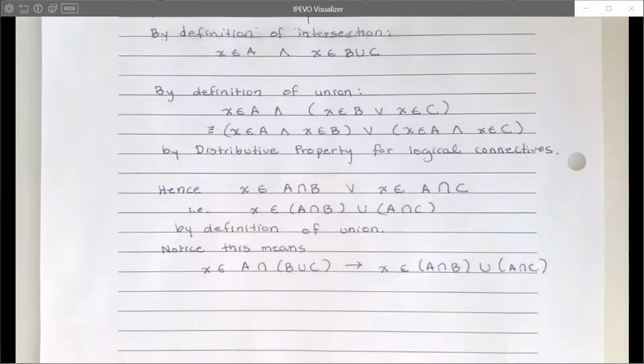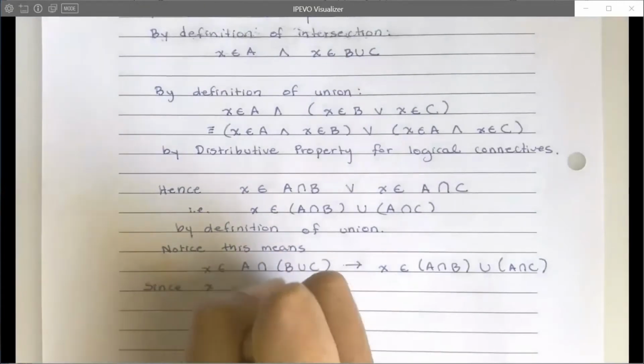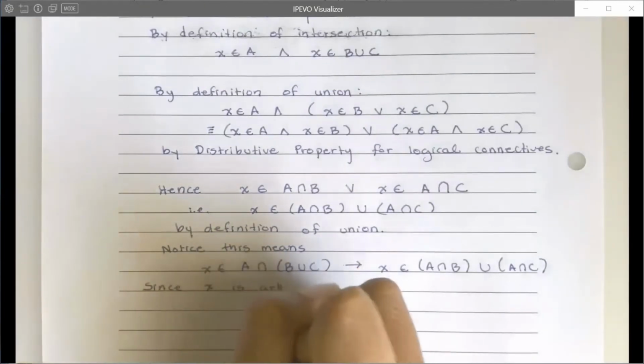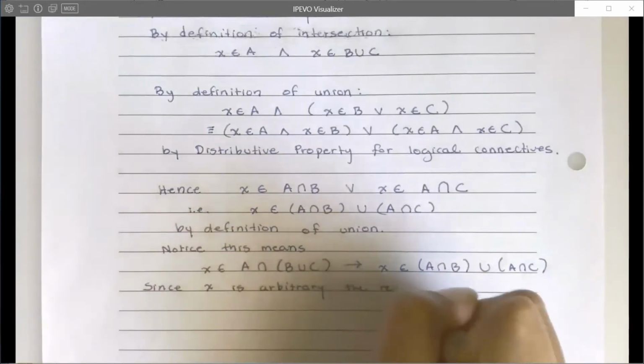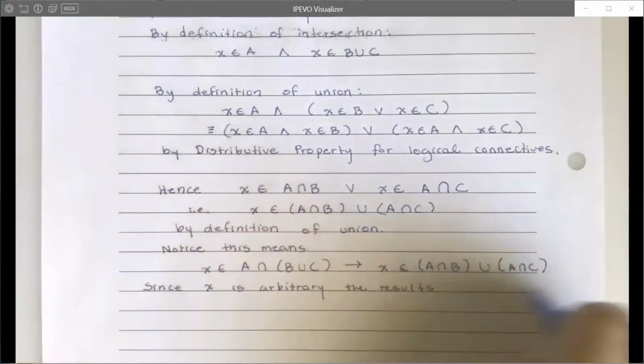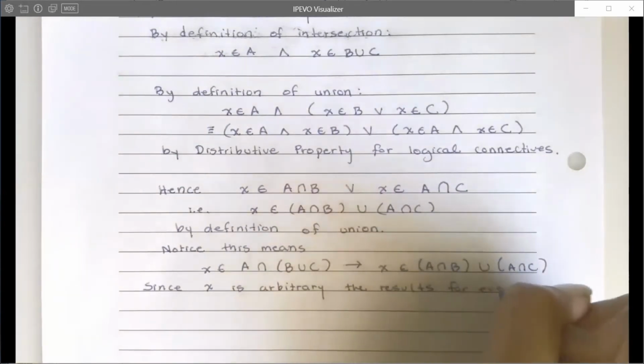Now, how did we pick x? We chose it arbitrarily. And because we chose it arbitrarily, it's going to be true for any other element that we pick that is part of this first set. So since x is arbitrary, the result holds for any element x.